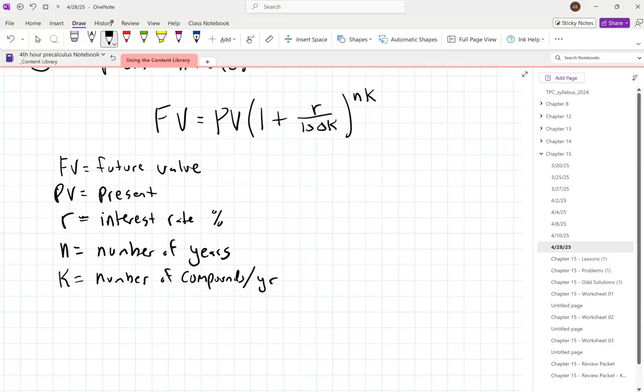If we'd said compounded weekly, what would K be? 4. Nope. Weekly. 52 weeks in a year. What if it's compounded daily? 365. If it's compounded quarterly, K would be 4. Semi-annually, 2.